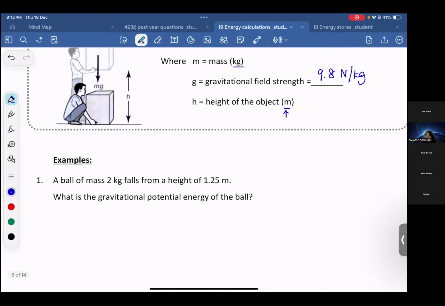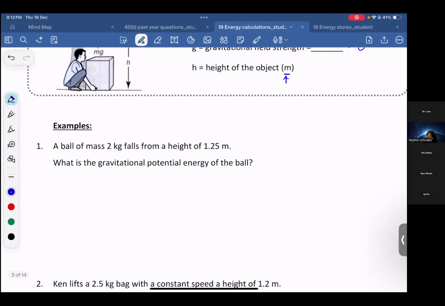Okay, here using the formula, a ball of 2 kg. So this one is mass. Falling, so I know this is GPE from a height. So this one is the height h. What is the GPE? So GPE is mgh.